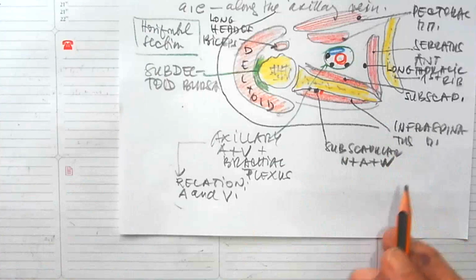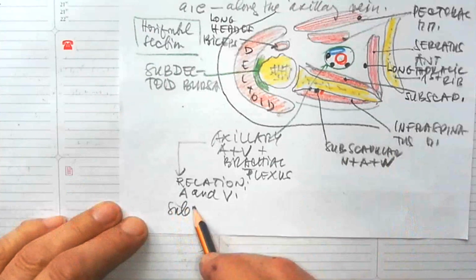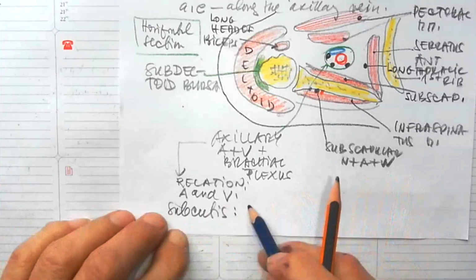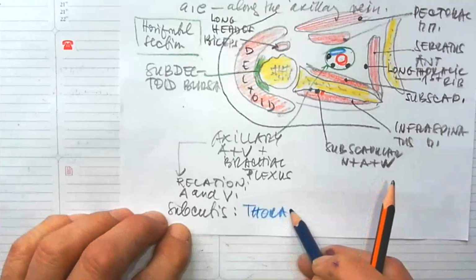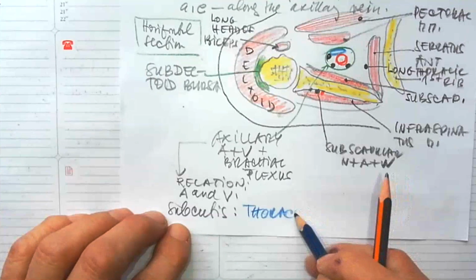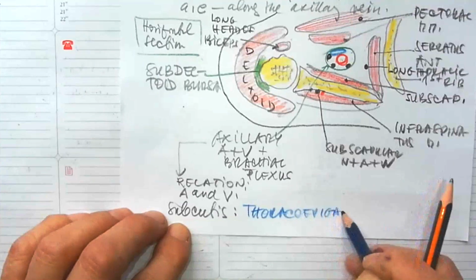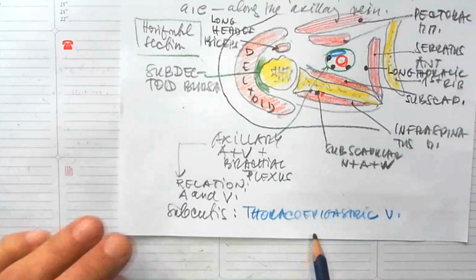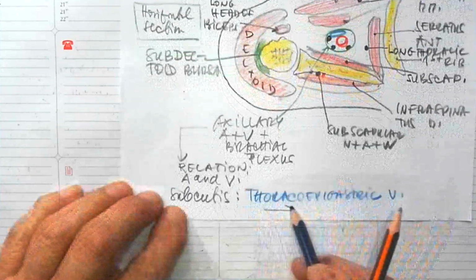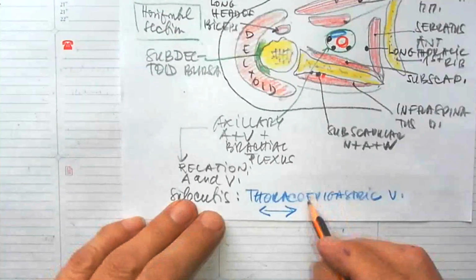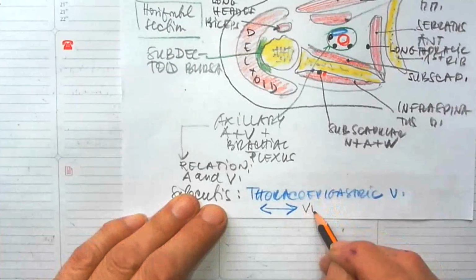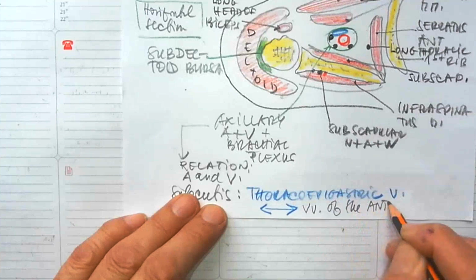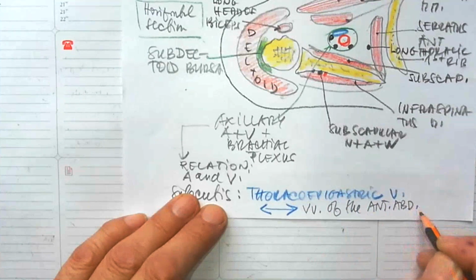Then in the subcutis, we have to mention also the vein. We call it the thoracoepigastric vein. When we look at any atlas, thoracoepigastric vein, we could say that the vein has interconnections with the veins of the anterior abdominal wall. So maybe we can add this double arrow and say that it has connections with the veins of the anterior abdominal wall.